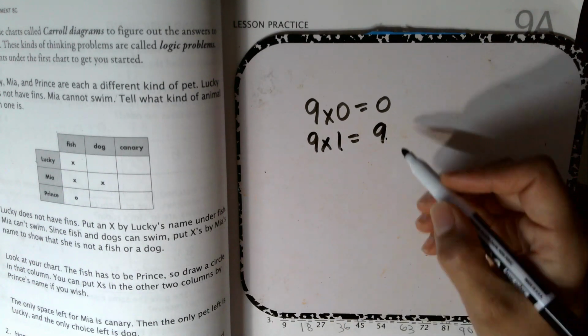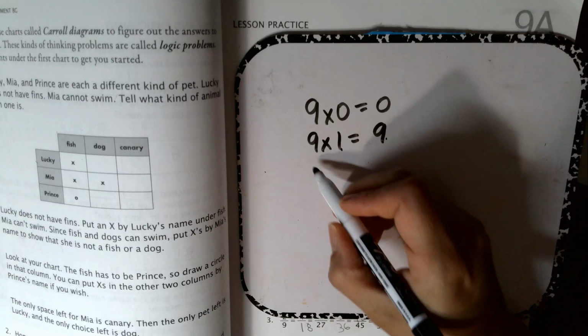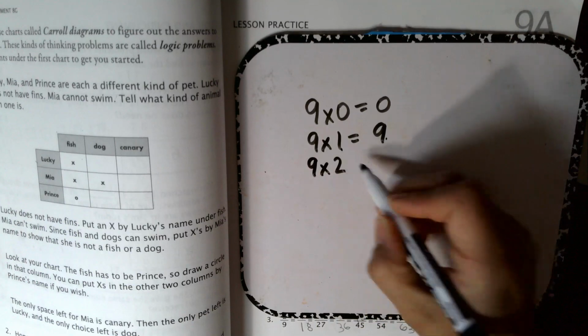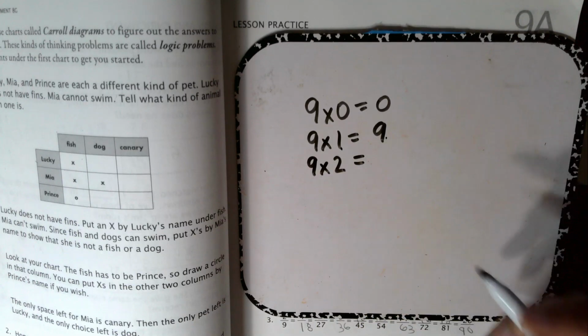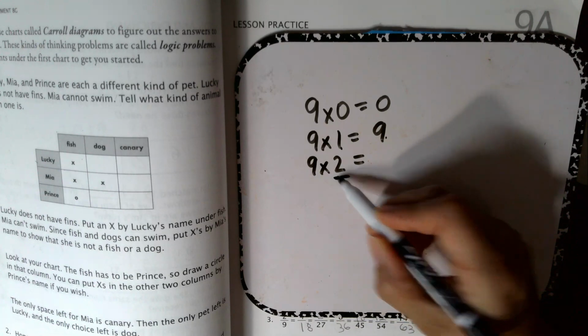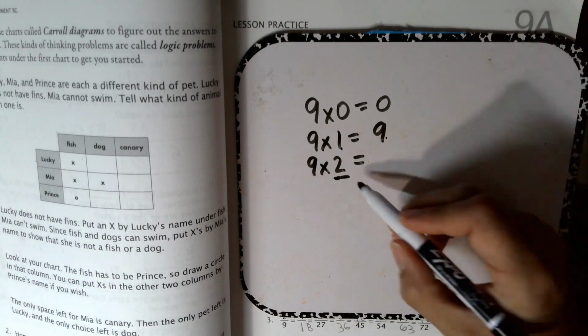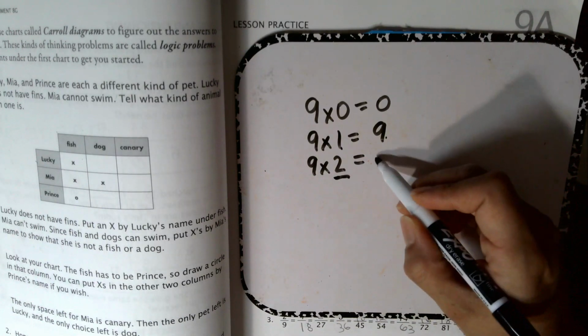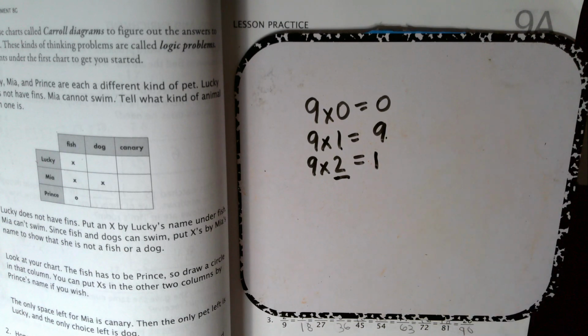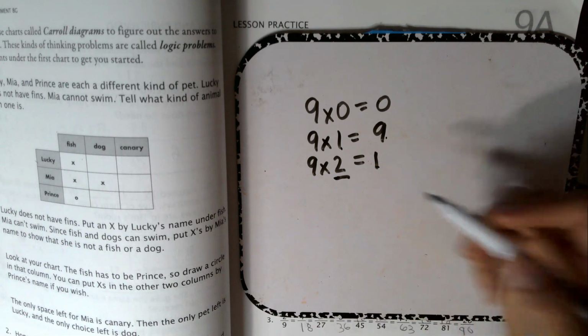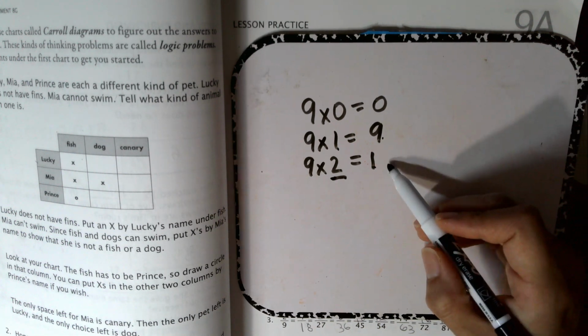So it's itself. But then when we get to 9 times 2, what we can do is this number right here that we are multiplying by 9, we go one number down, and that's going to be our first number of the answer. And the next number is going to be the next factor that will equal 9.